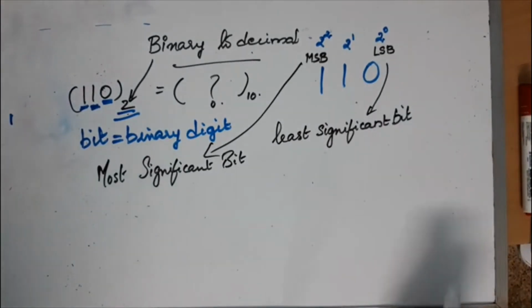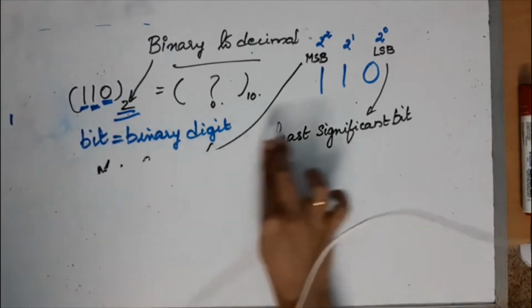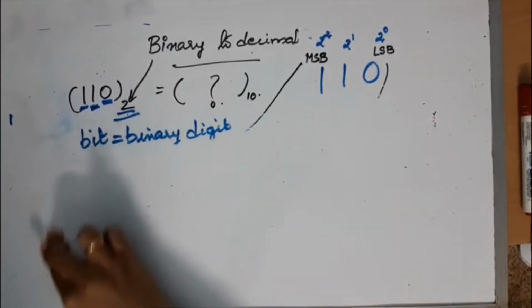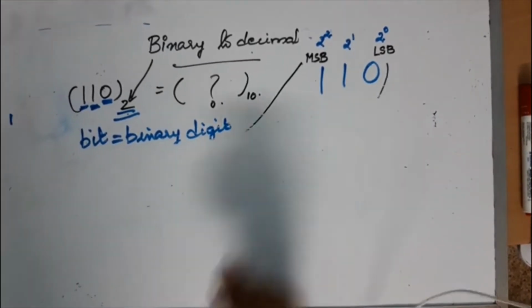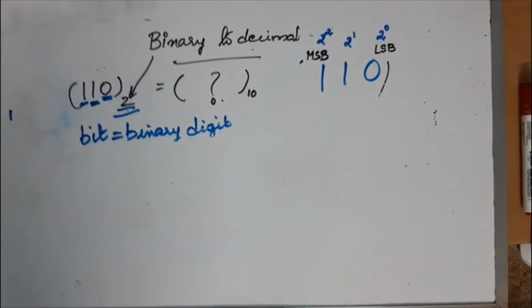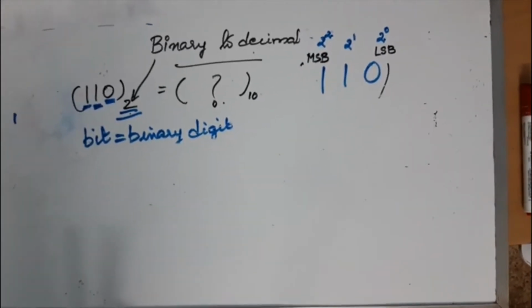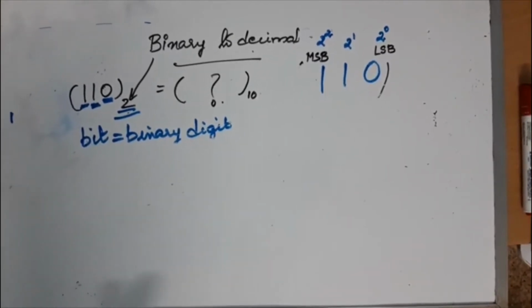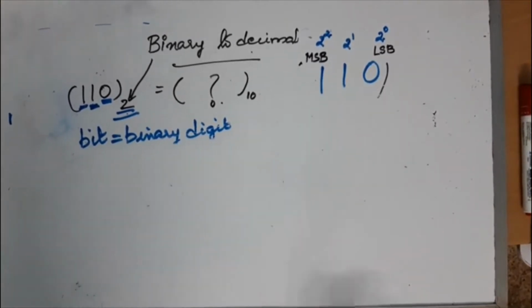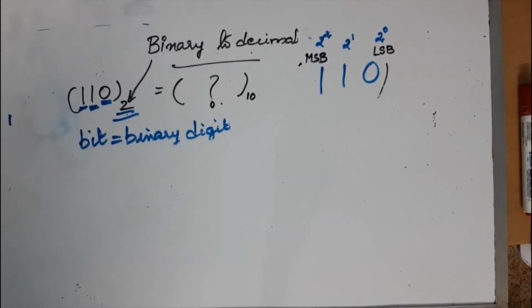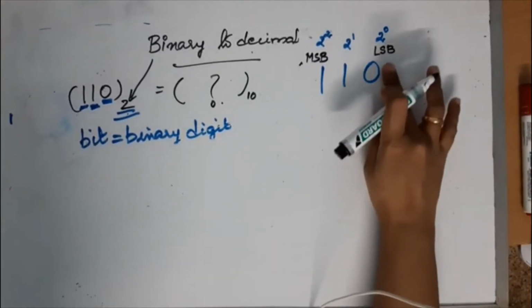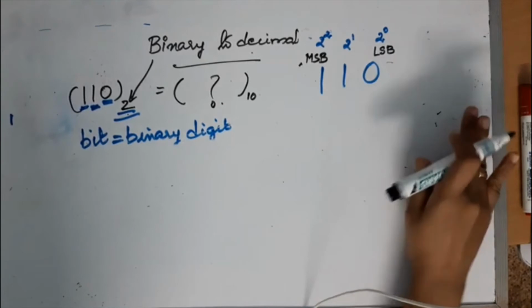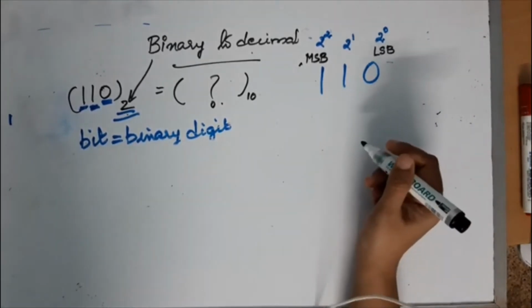So with this, we need to find out the decimal equivalent of 110.